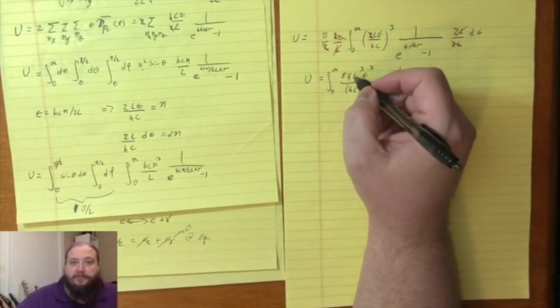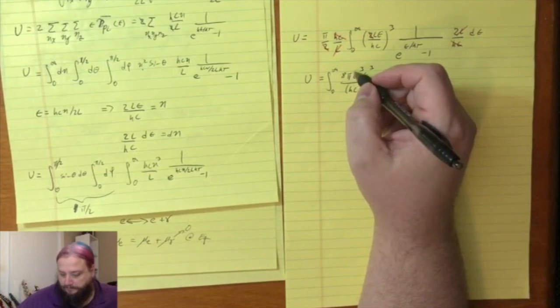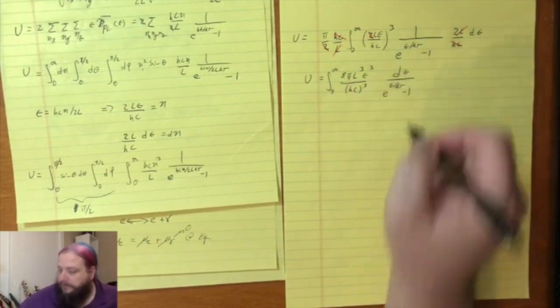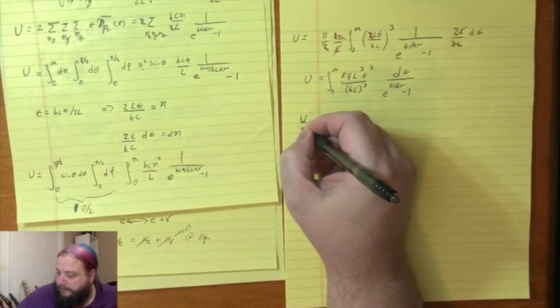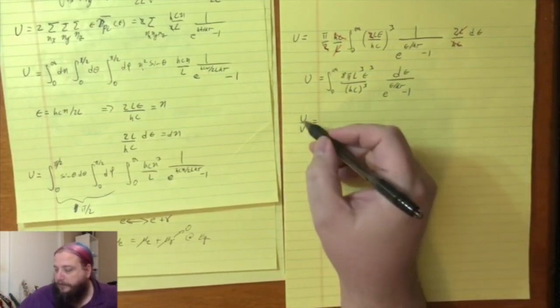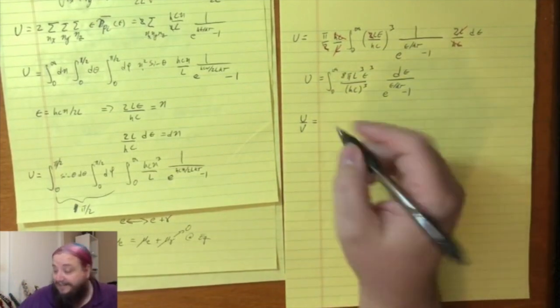L cubed is volume. So if we divide both sides of this by volume, that'll be energy per unit volume, or in other words, energy density.